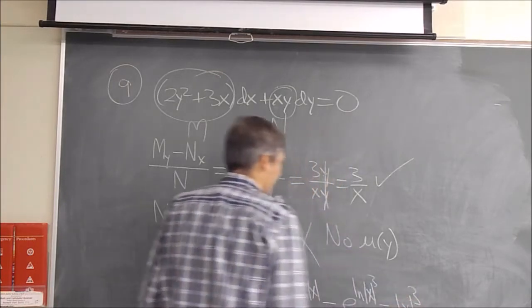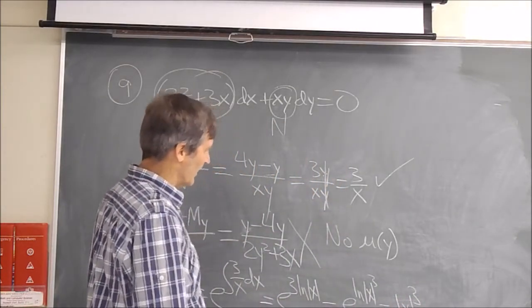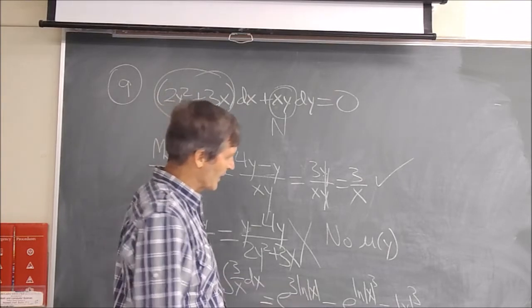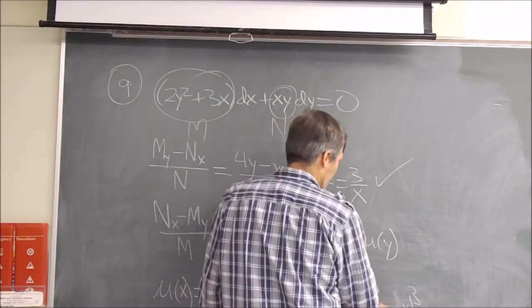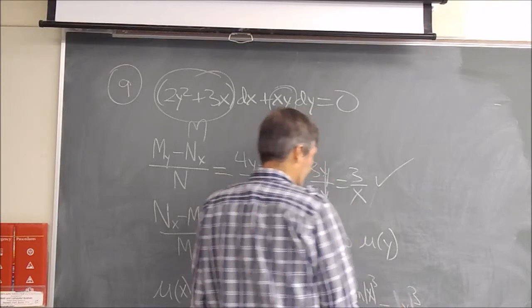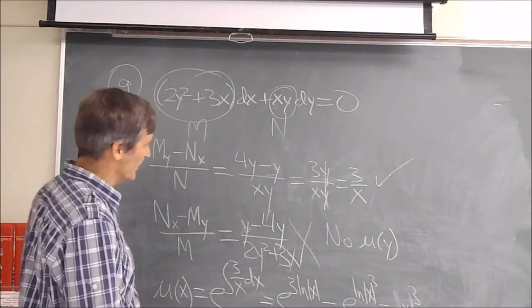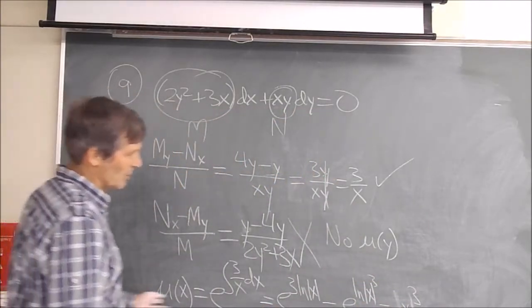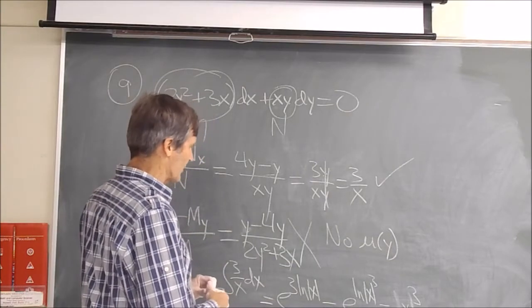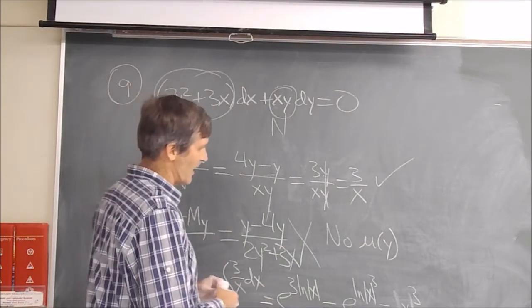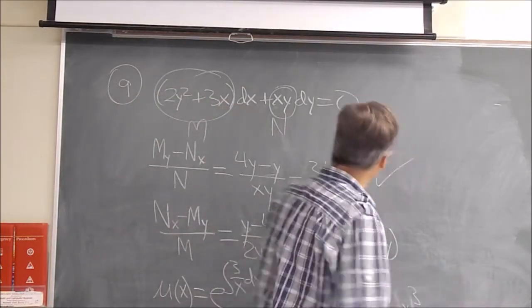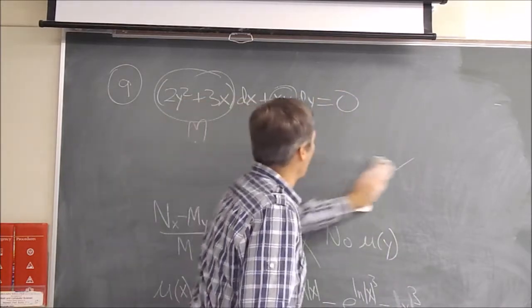Well, I say absolute value of x to the 3rd, but really ln isn't defined at x equals 0 anyway, so we can take x to the 3rd as an integrating factor on the interval 0 to infinity or minus infinity to 0, it doesn't matter. And a multiple of an integrating factor is an integrating factor, so we'll just say x cubed is an integrating factor on either interval.